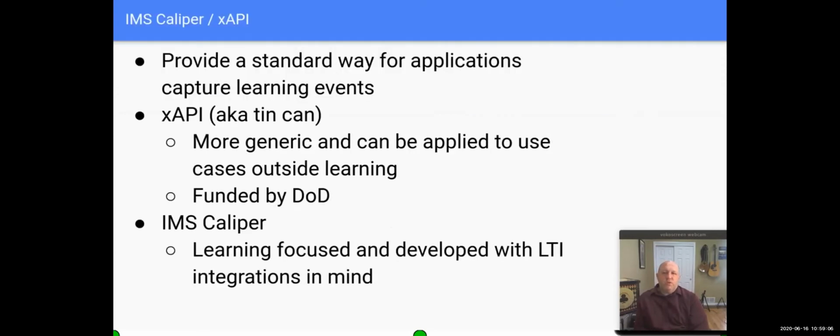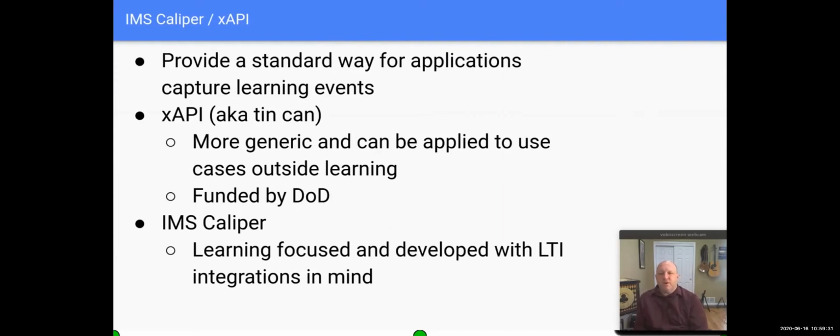So we also store XAPI, aka TinCan. If we consume XAPI, we actually crunch that data into IMS Caliper. So internally, the record store stores events as IMS Caliper.